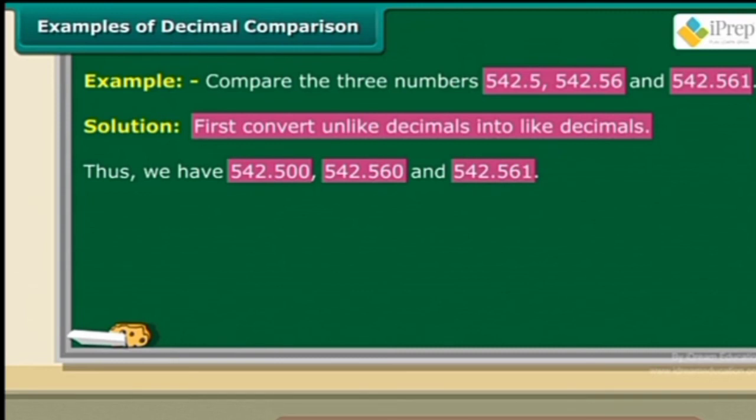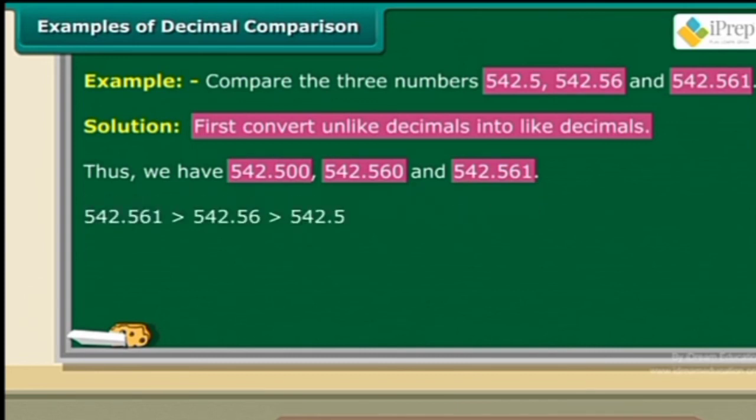Now concentrate on the decimal part alone. The first number represents 500 thousandths, the second number represents 560 thousandths, and the third number represents 561 thousandths.